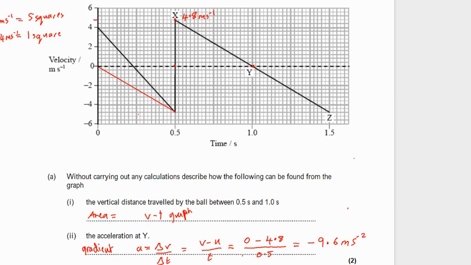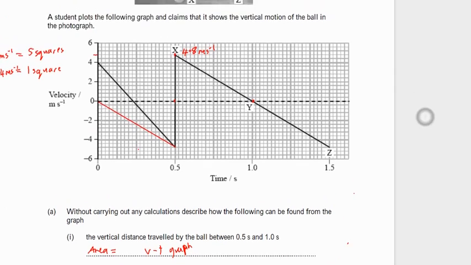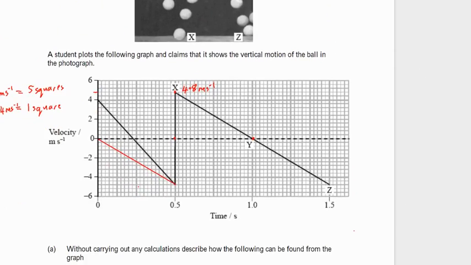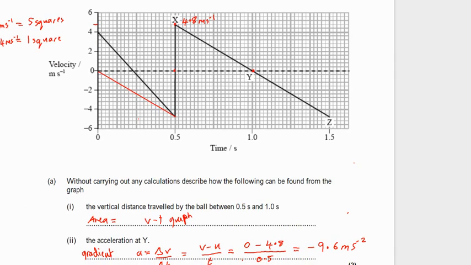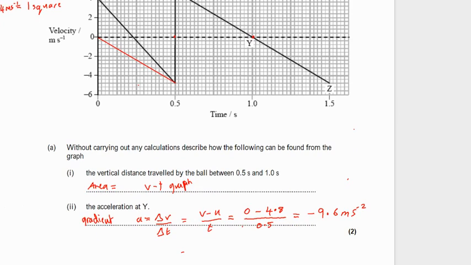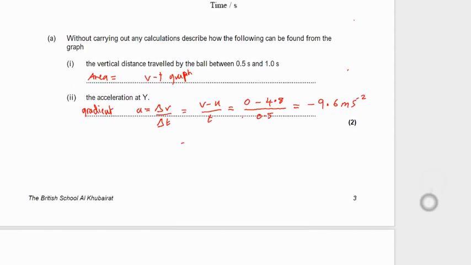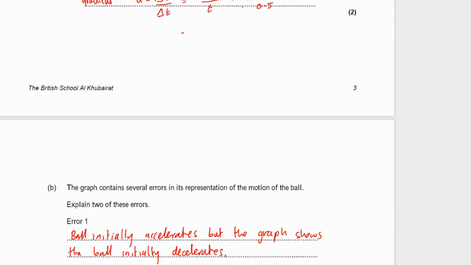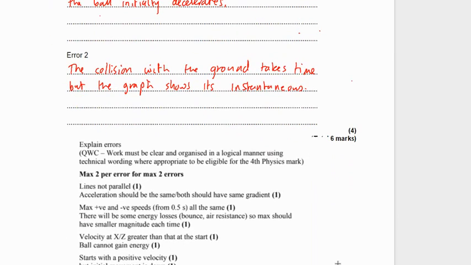So that there is when the ball is falling under the force of gravity. Okay, we're neglecting air resistance. Now that line and that line are the same gradient. It shows that the ball is accelerating, and the acceleration is g, 9.81, so that remains constant. That's what this statement is trying to mention.